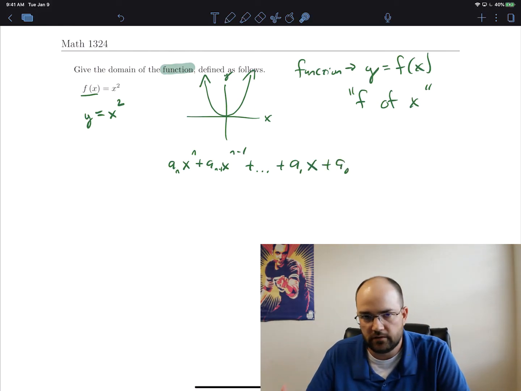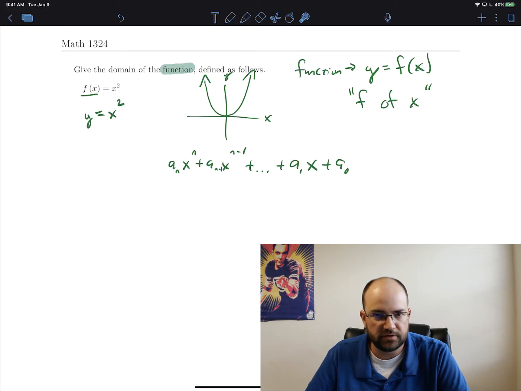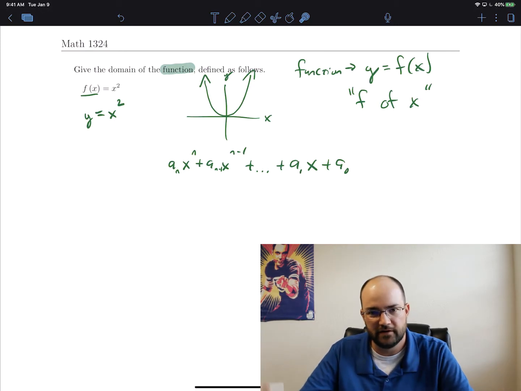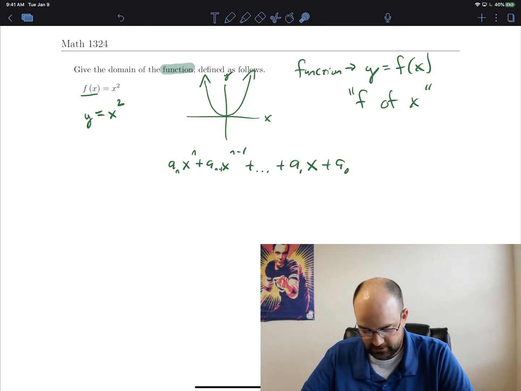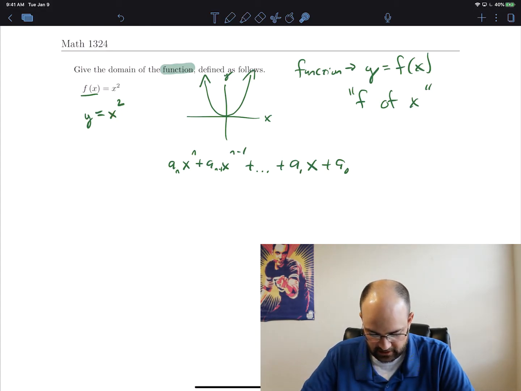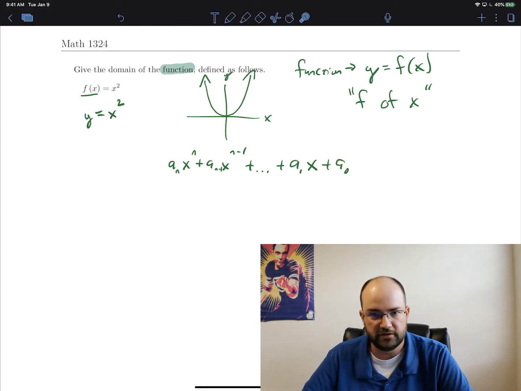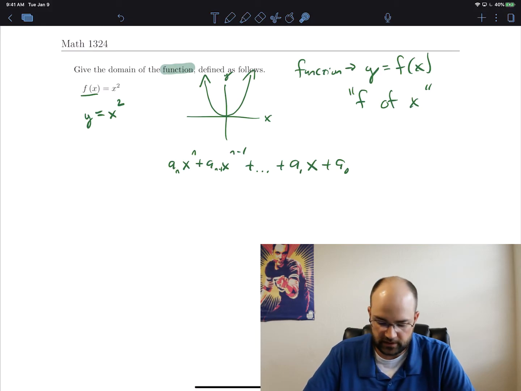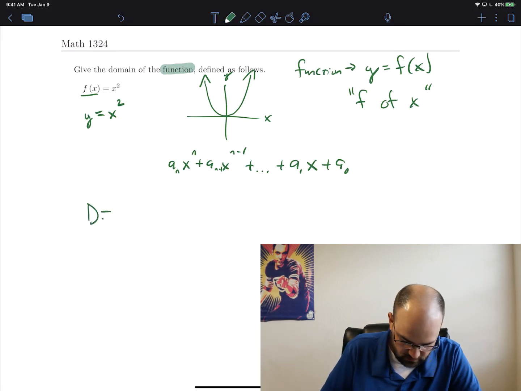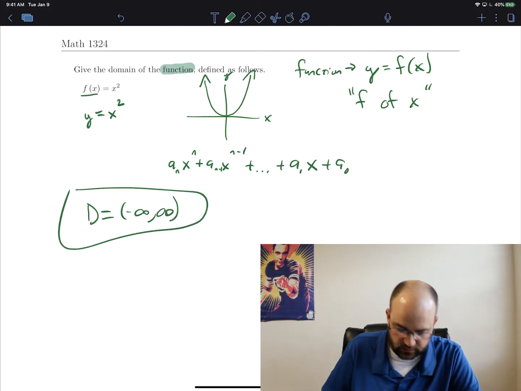In other words, a linear function, quadratic, cubic, quartic, and so on. Generally speaking, if it's got a polynomial for your definition, then the domain will always be all real numbers. And that's how we say that.